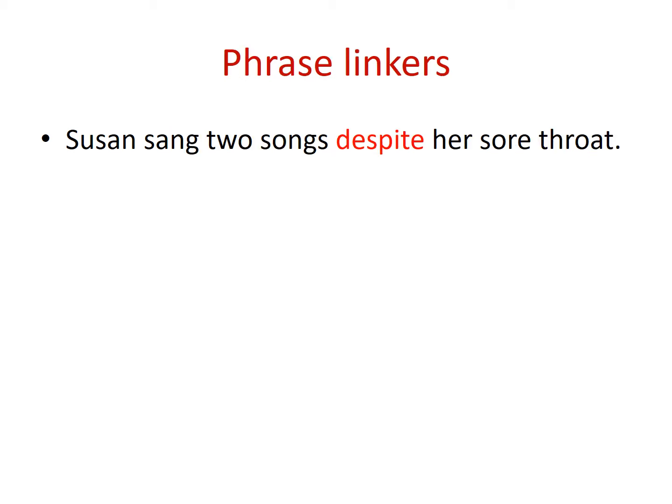We can see a third type of linker in this example. Susan sang 2 songs despite her sore throat. Despite introduces the phrase her sore throat, which is a noun phrase. We call such linkers phrase linkers.